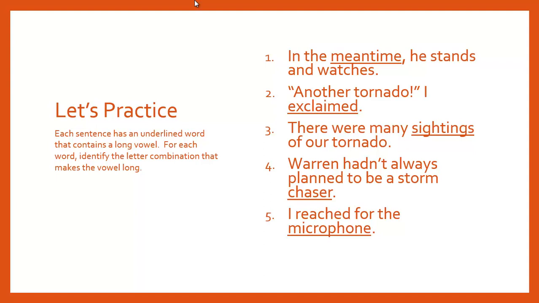The long vowel sound of I is made up by the letter combination of I, consonant, which is the M, E. So when you submit this answer, you should submit two things: EA, which makes the long vowel E, and IME, which makes the long vowel I.